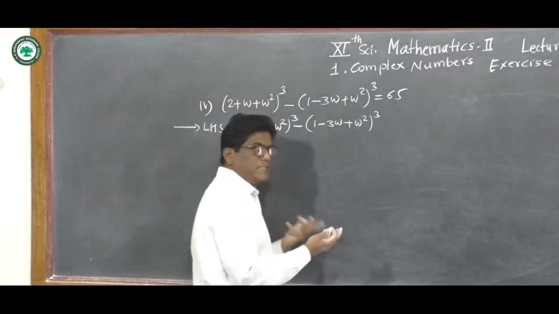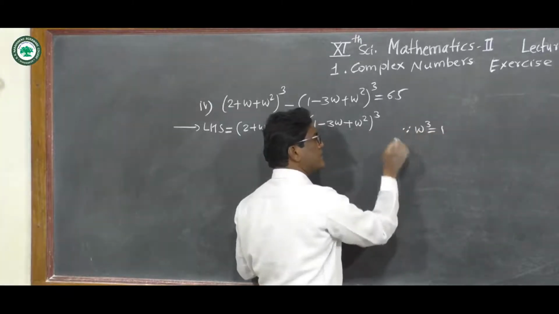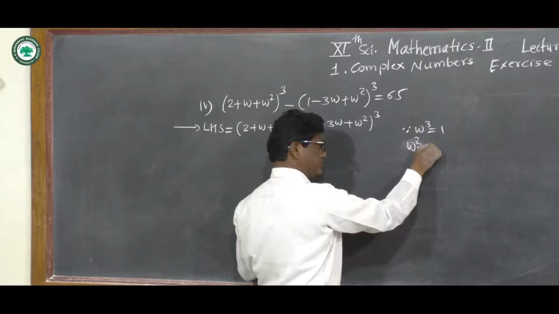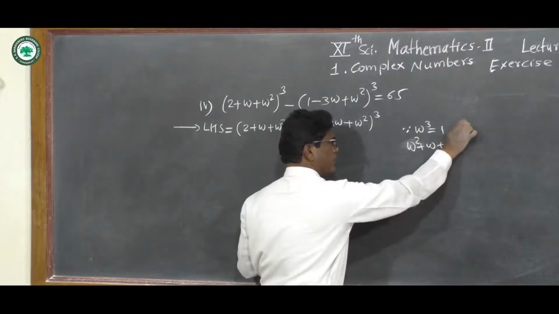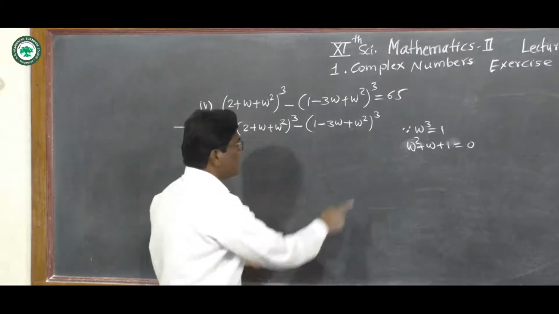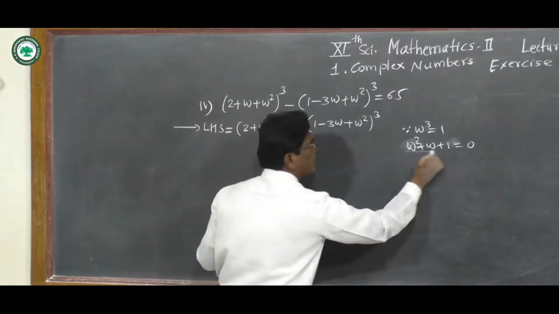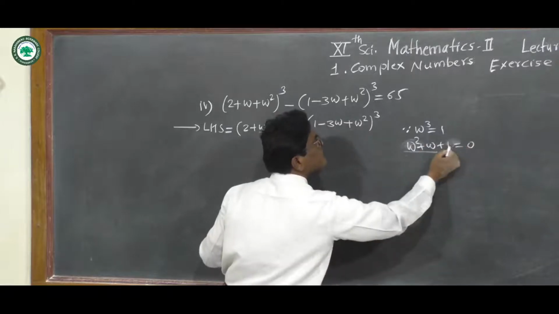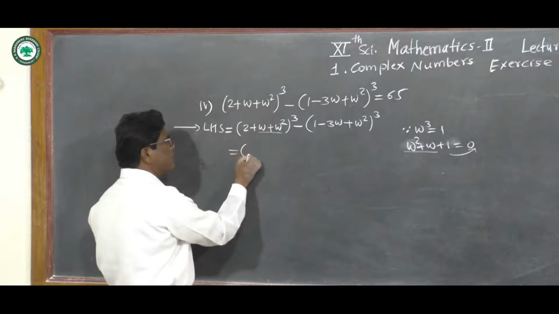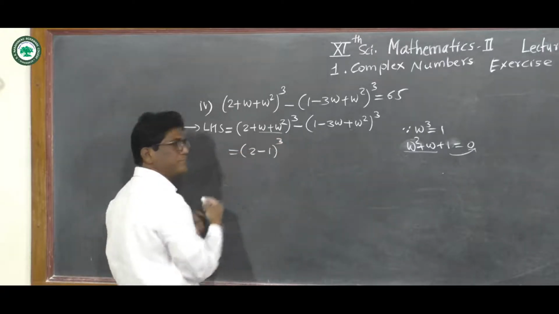Since omega is a complex cube root of unity, omega cube is equal to 1, we know this. Again we know omega square plus omega plus 1 is equal to 0. Now from this relation, 2 plus omega plus omega square, carry this 1 to the right hand side, it is minus 1. So we write here 2 minus 1 to the power 3.